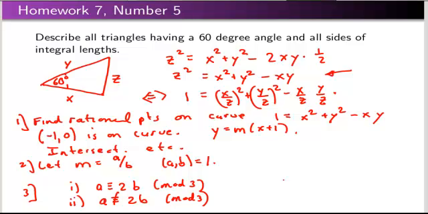You're going to have some GCD condition that comes down to something like this, which could be 1 or 3, depending on which of these two cases we're in. And so you'll start off looking like you have two different families of solutions, and then you kind of put them together.